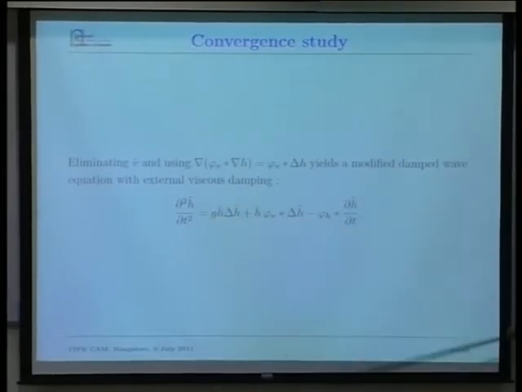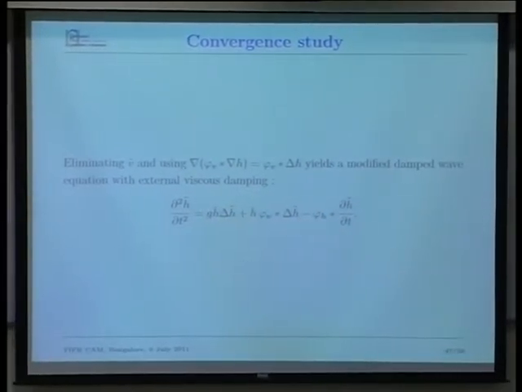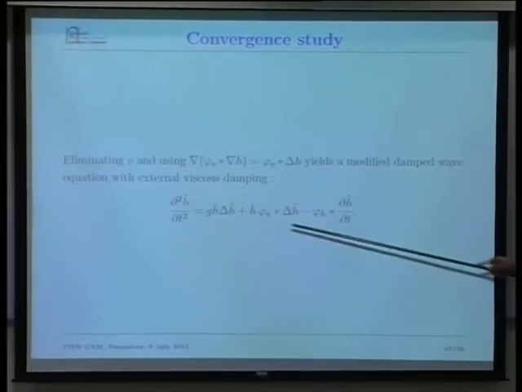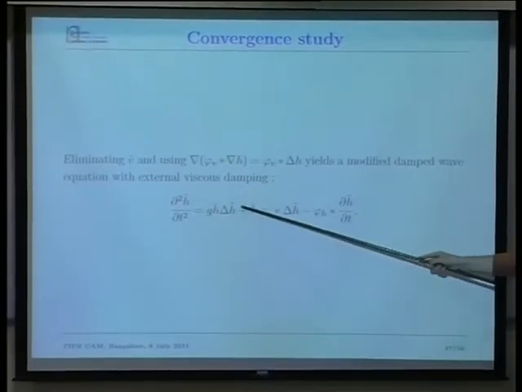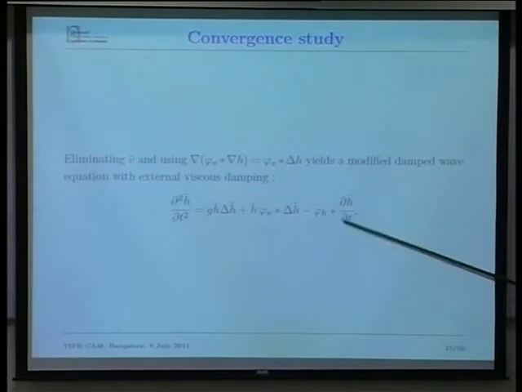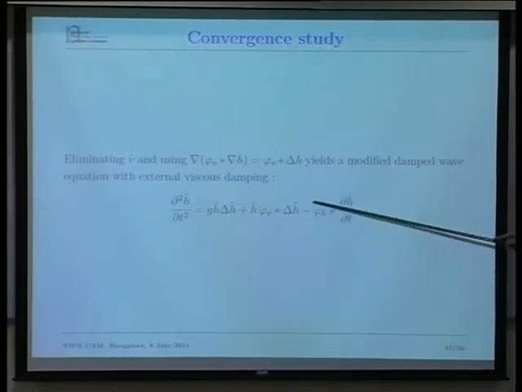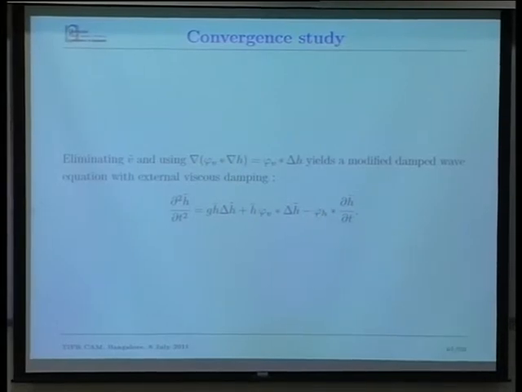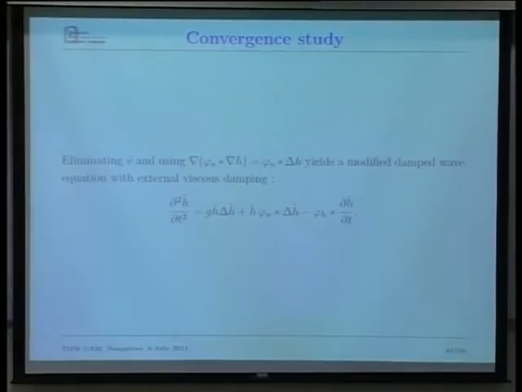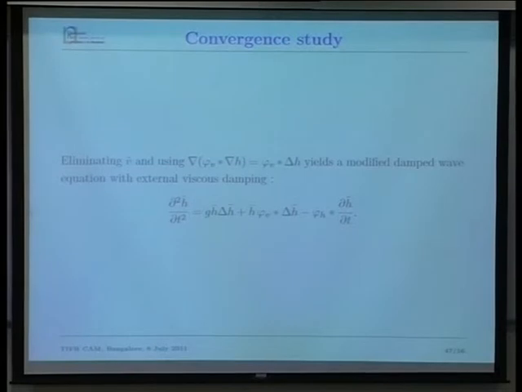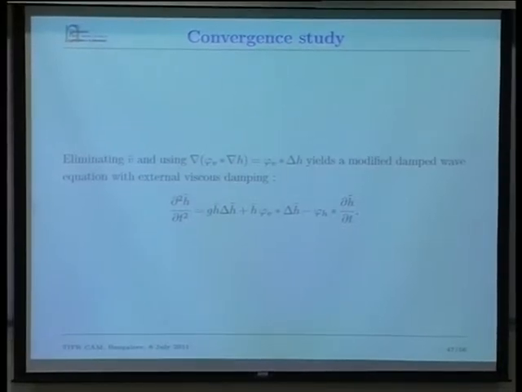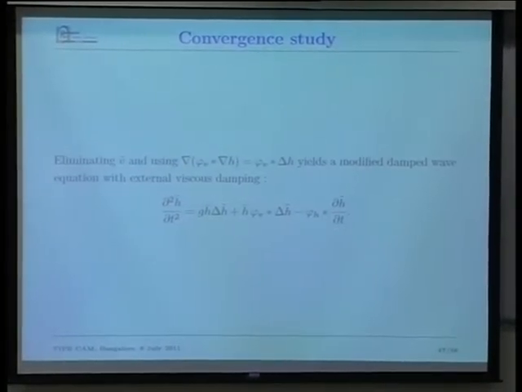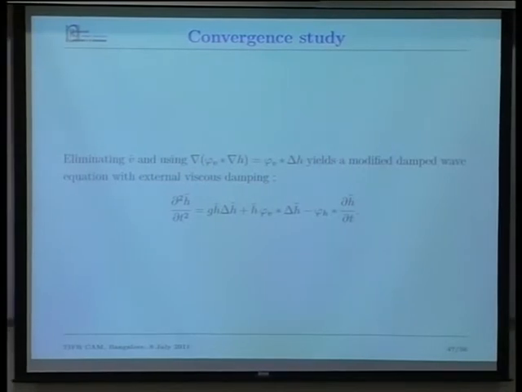And so it's a wave equation: second derivative in time equals second derivative in space. And it's a damped wave equation with viscous damping. And thanks to the viscous term, we will see that this solution will converge to 0.